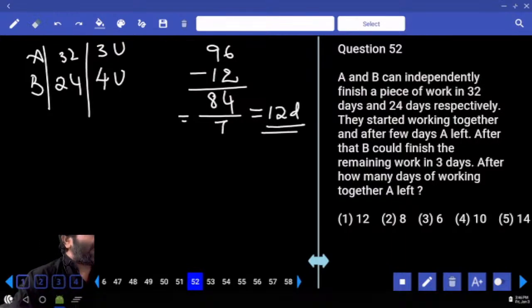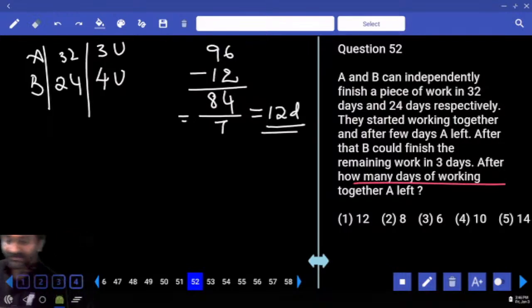A and B together worked. After that B worked for 3 days. So the total work is completed in 15 days. B worked for 15 days. Answer? After how many days of working together did A leave? After how many days?